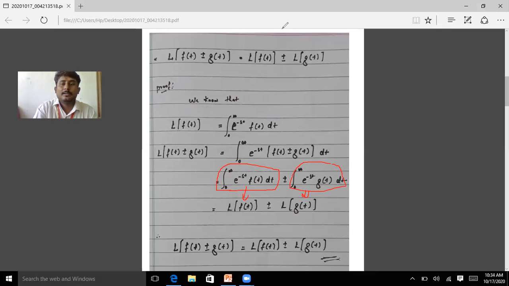So hence we got here: Laplace transformation of f of t plus or minus g of t is always equal to Laplace transformation of f of t plus or minus Laplace transformation of g of t. Okay, I hope you also understand this one.